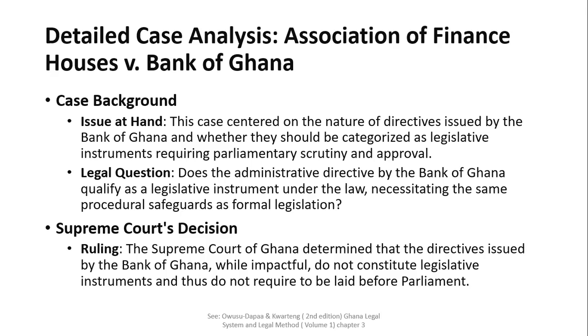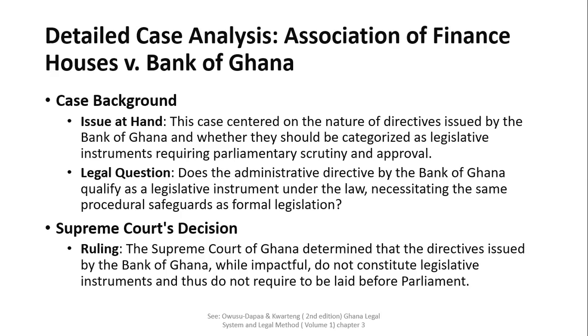So the question which the Supreme Court was invited to answer was this: does the administrative directive by Bank of Ghana qualify as a legislative instrument under the law, which requires the same procedural safeguards as formal legislation?